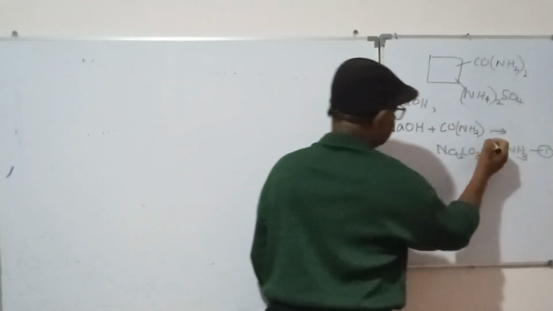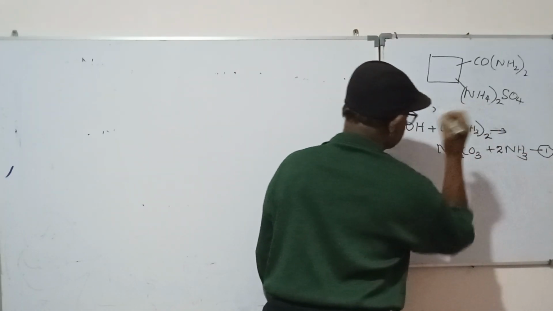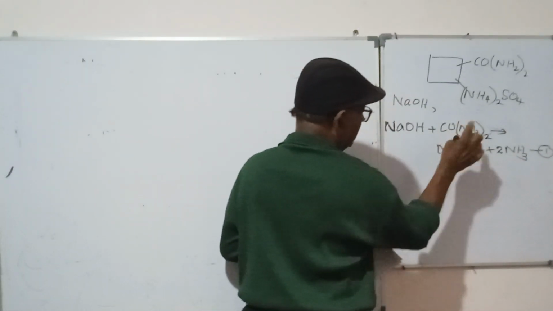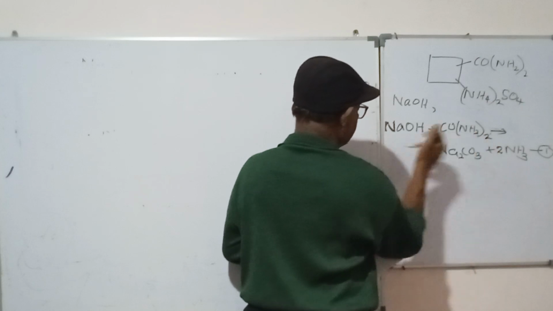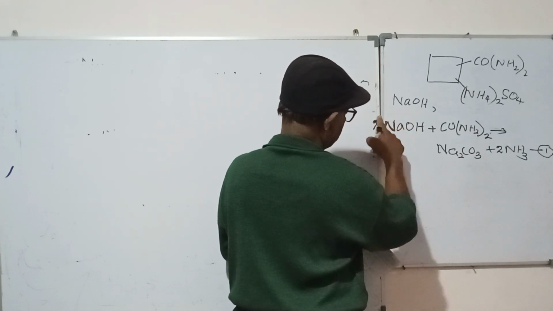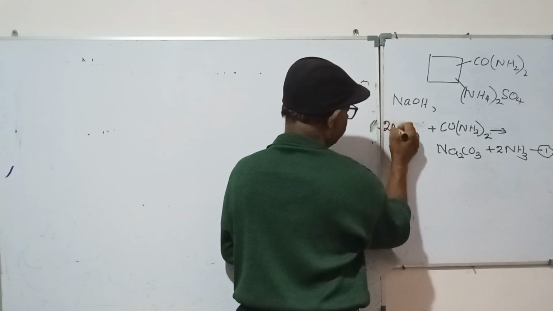So it is clear that ammonia should be 2 moles, not CO(NH2)2 twice here. Sodium hydroxide should be 2 moles here, 2 NaOH.